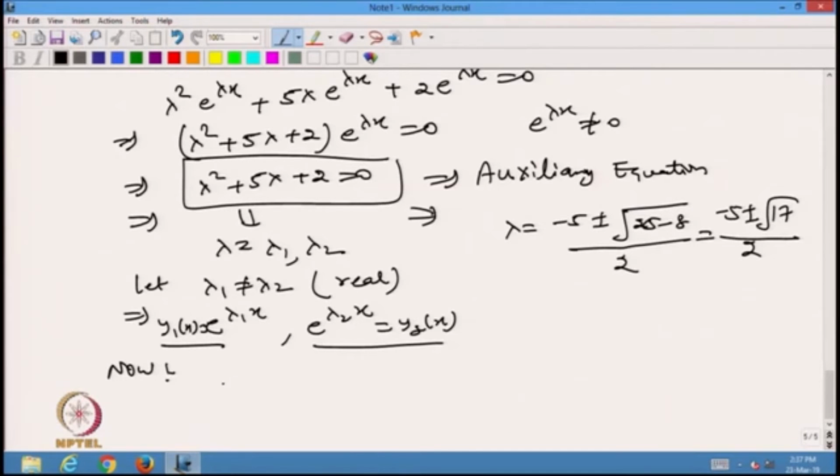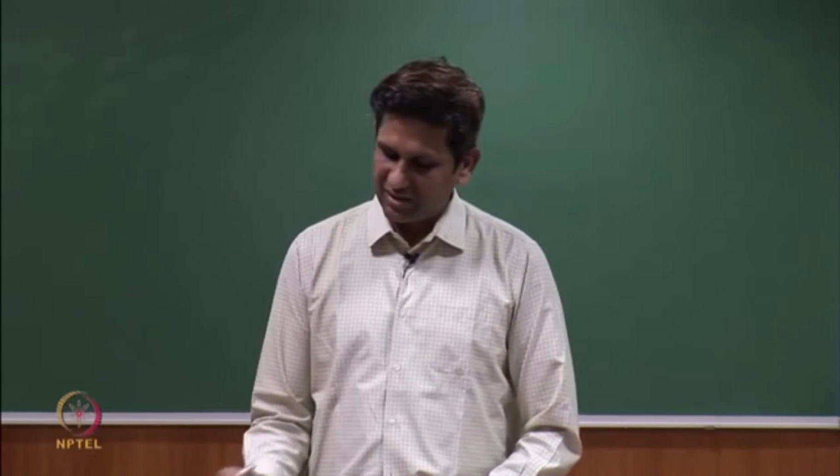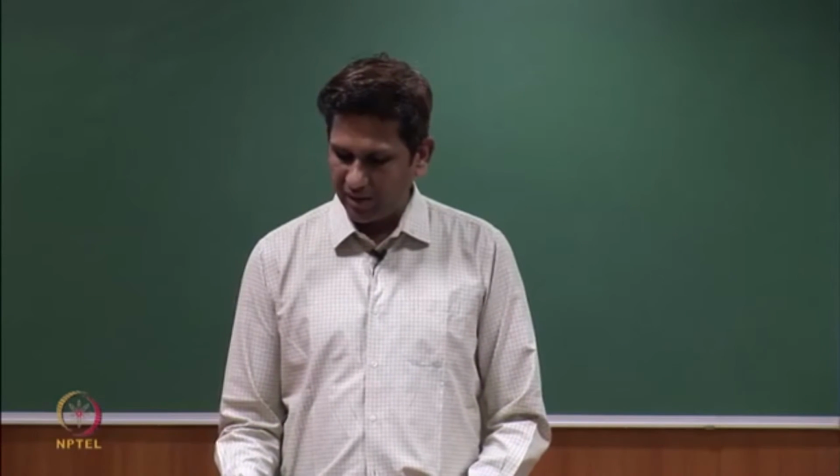I want to write the general solution of this equation. So, the general solution y(x) will be equal to C1 e^(lambda 1 x) plus C2 e^(lambda 2 x), because I told you that this is a second order linear differential equation, and in this differential equation two arbitrary constants will appear.